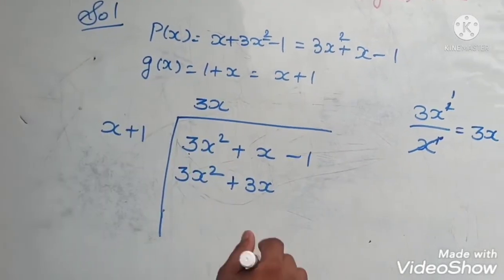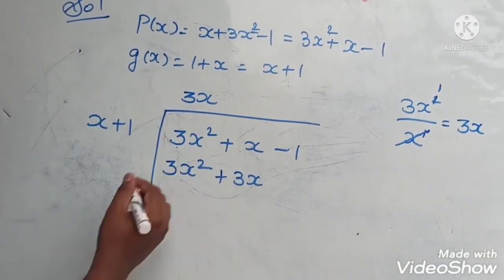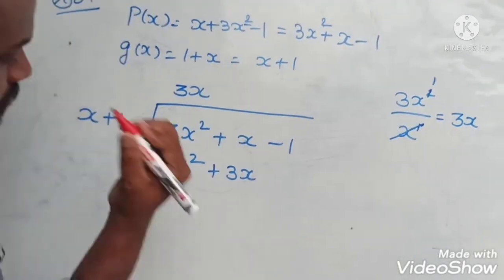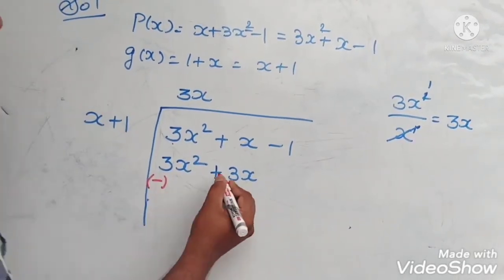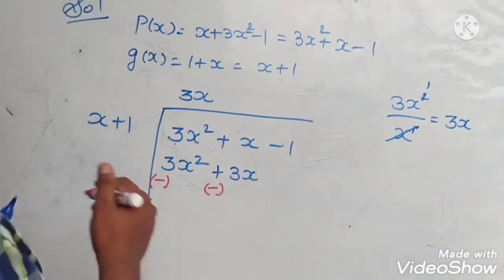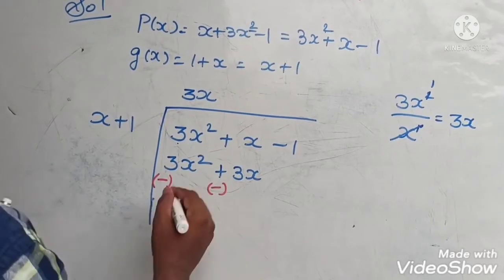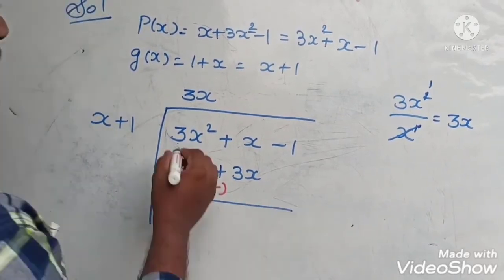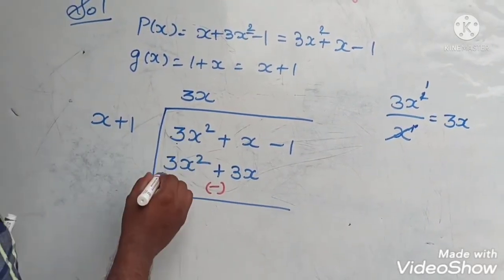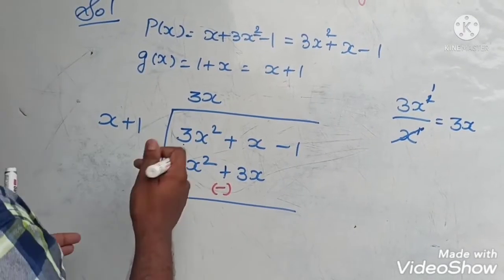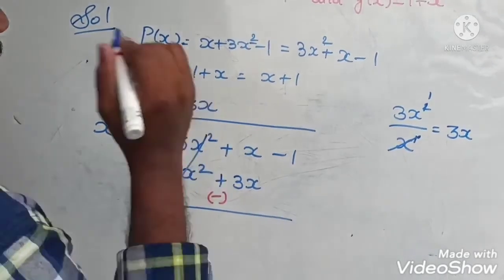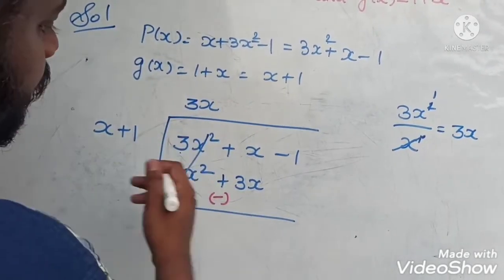Now another condition: you have to change the symbols of the second line. The plus becomes minus. Now you compare the terms. Here plus 3x square and minus 3x square, same term with a different symbol, so it becomes 0 and cancels.